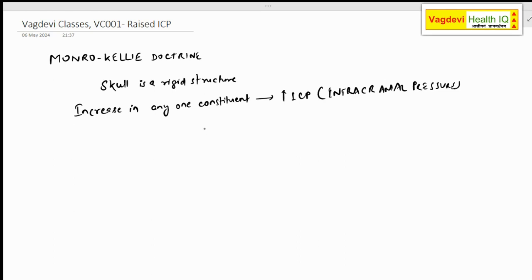Yes, I'll write it down, don't worry. It is blood, it is brain, and it is CSF. Blood, brain, CSF, all of these are incompressible. So if anything increases, not just one, anything, it will cause an increase in the intracranial pressure.